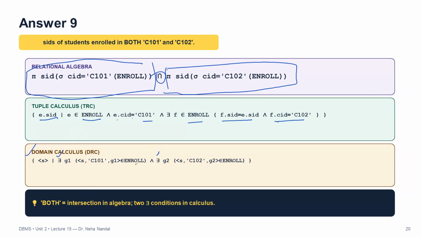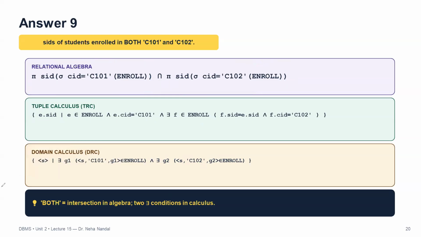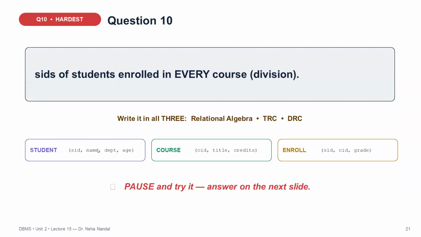First time it is 101. Another time it is 102. They belong to enroll. They belong to enroll. And because we are utilizing enroll two times, we are giving G1 and G2. And there exists a G2 for enroll second time. So in this way it works. Some queries will definitely confuse you, so you have to practice a lot. The more you practice, the more you will get hands on it.